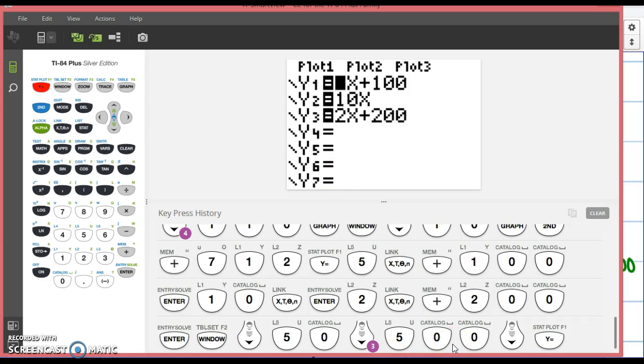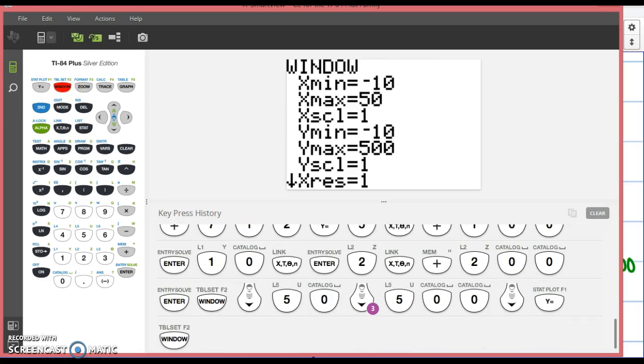And the third one was Skate Till Late, 2x plus 200. So I typed in all three. Then when I go to my window, I did some thinking. Mind you, we've already graphed these by hand, so that made it a little bit easier. I changed my x max to 50 and my y max to 500.